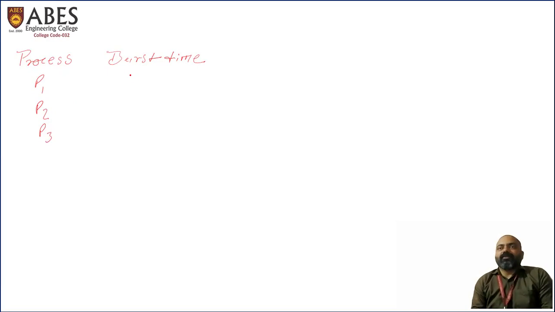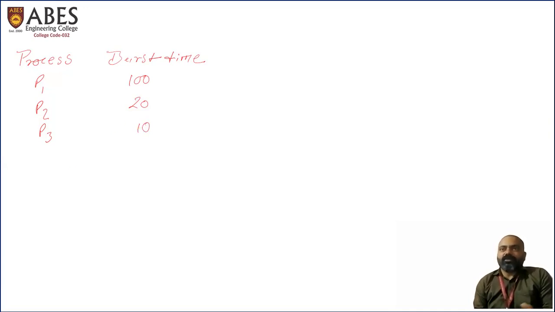The respective burst time for P1, suppose, is 100, for P2 this is 20, and for P3 this is 10. So what is the logic of SJF?